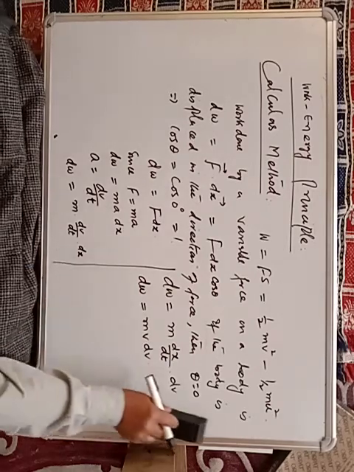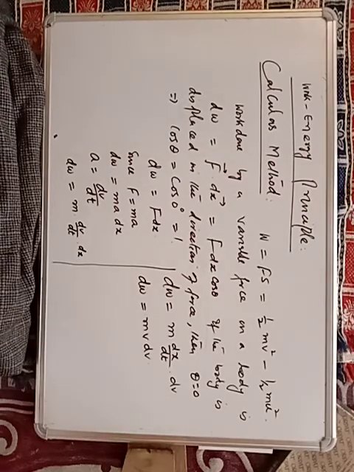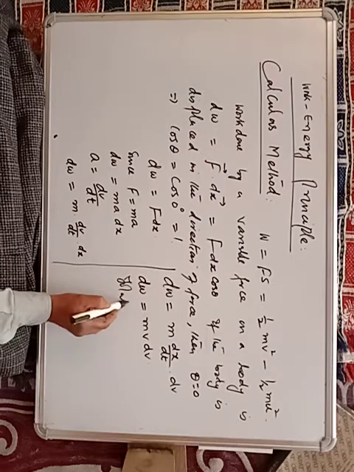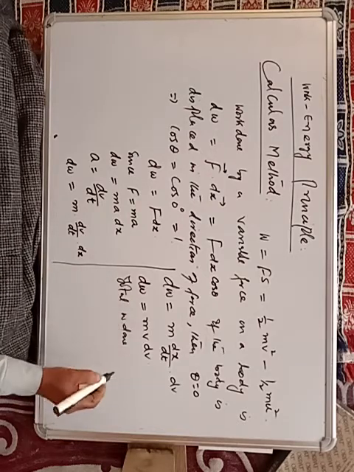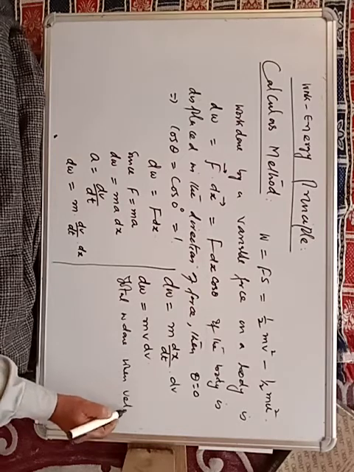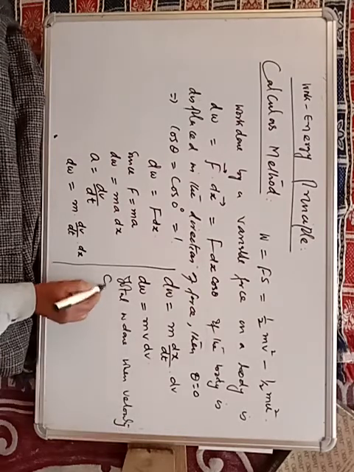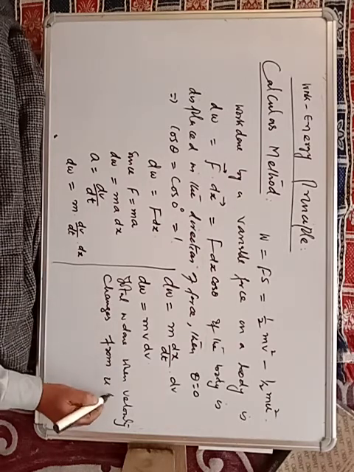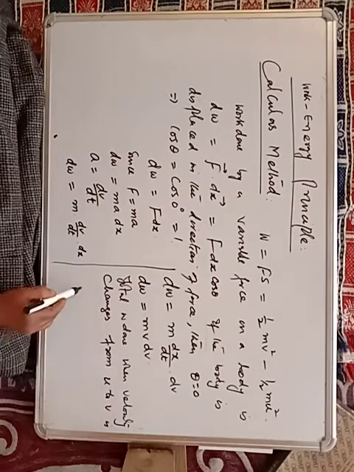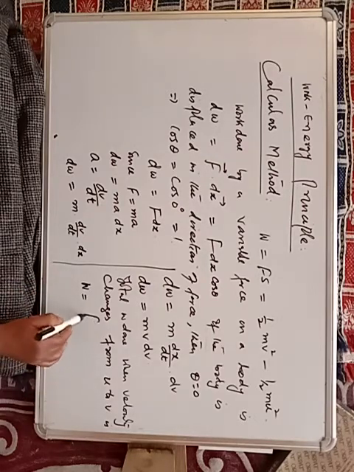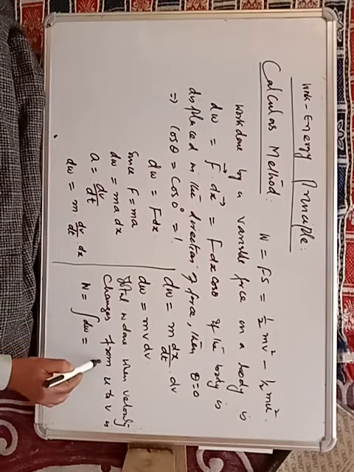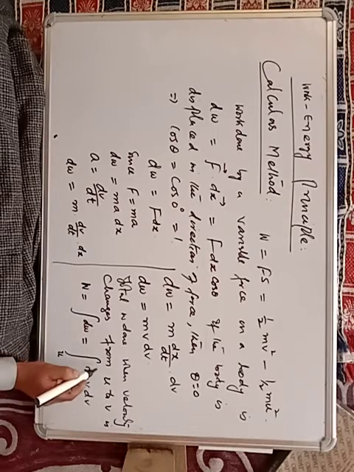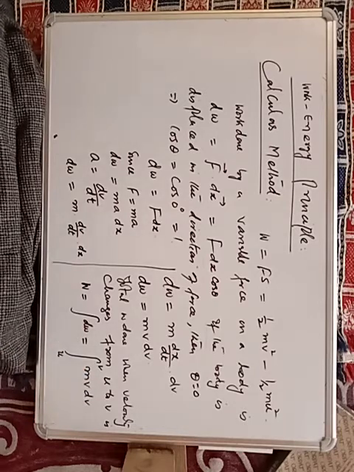Now we have to find the total work done. Total work done is obtained by the process of integration. So total work done when velocity changes from u to v is W is equal to integral of dW, which is equal to integral of mv dv, where velocity changes from u to v, that means limits.